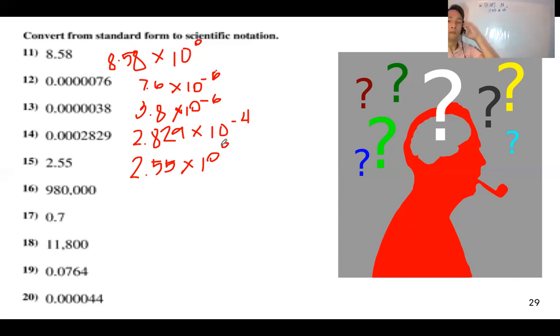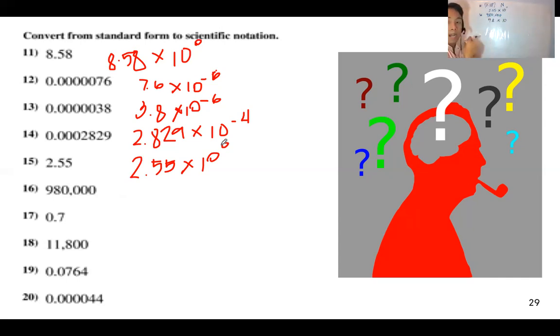Number 16. 16, we have the number 98, 4 zeros. Okay, hanapin natin yung n. Our n is here, 9.8. So we have 9.8 times 10. Ilang move yung decimal point natin? Okay? This is a whole number.